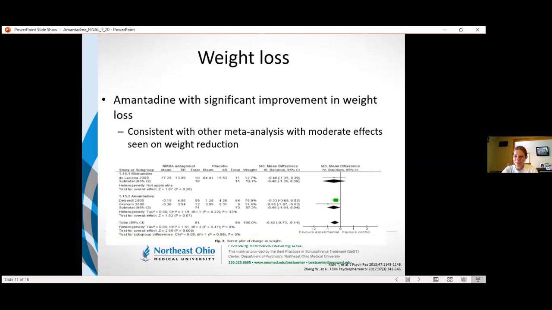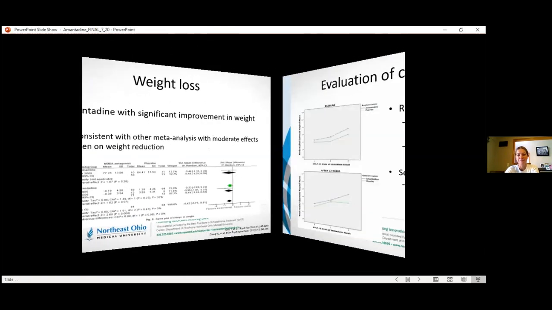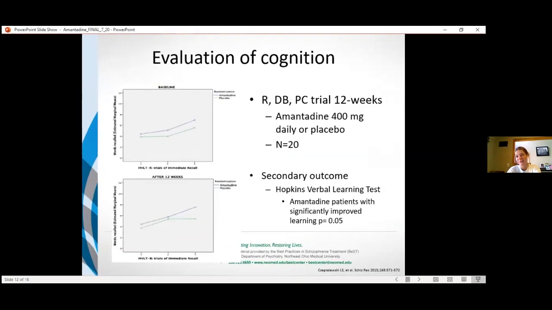So areas that I think we traditionally start to think of amantadine, now we're going to start to get a little bit farther off the path. Cognition, so there is some evidence suggesting that amantadine may assist with cognition, although it may play a very discrete role. So this was a randomized double-blind placebo-controlled trial that was 12 weeks in duration.